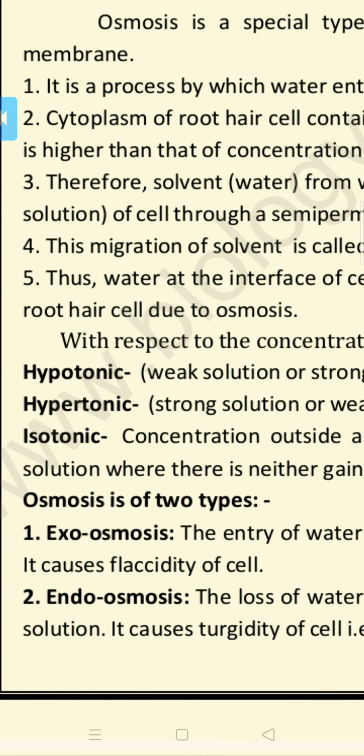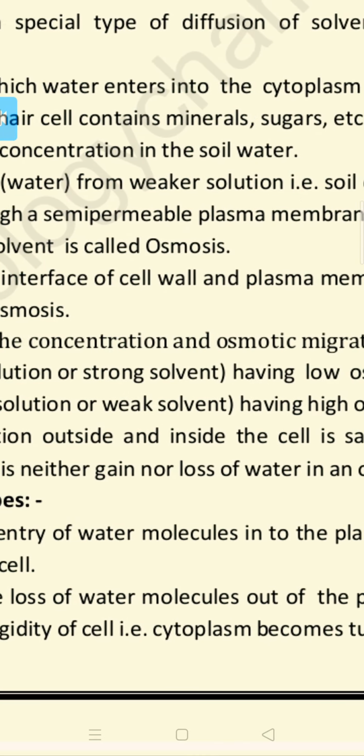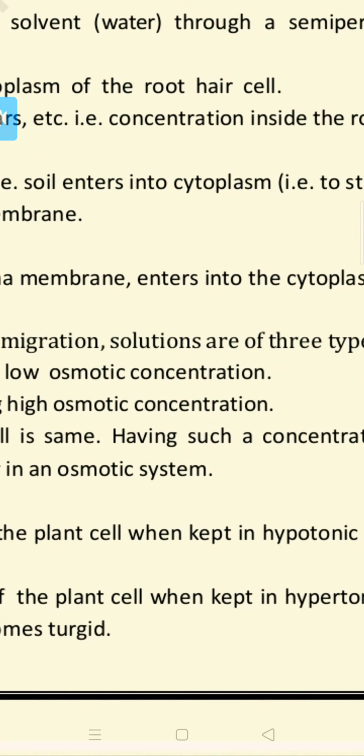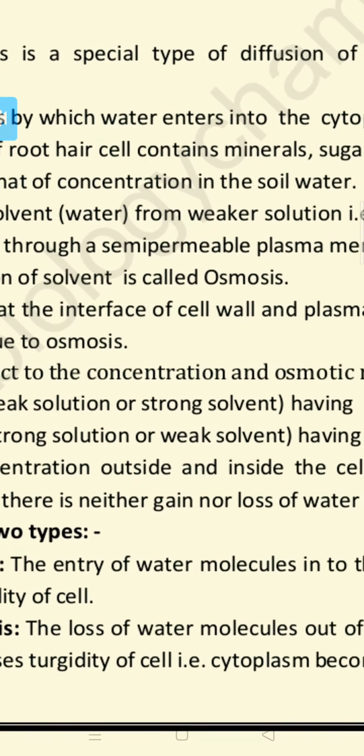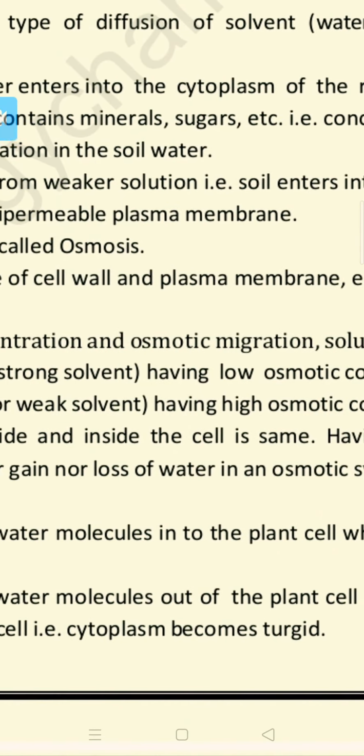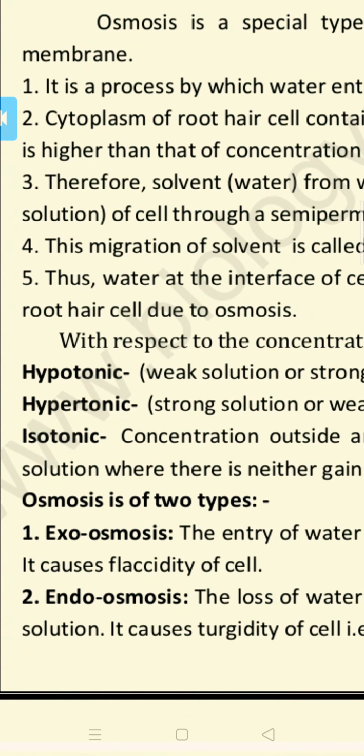If we put our root hair cell in a hypotonic solution, which has low osmotic concentration, then in exosmosis particles are given out of the cell, so it moves from higher concentration to lower concentration.